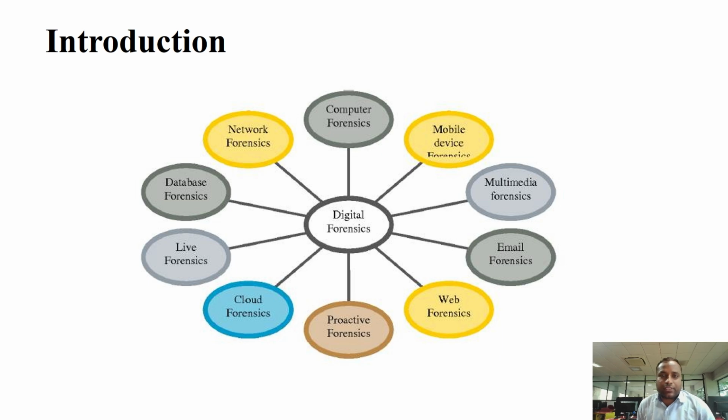The main introduction is about digital forensics. Nowadays everyone, even village people, use electronic gadgets like mobiles, laptops and computers. Digital forensics can help protect personal data.